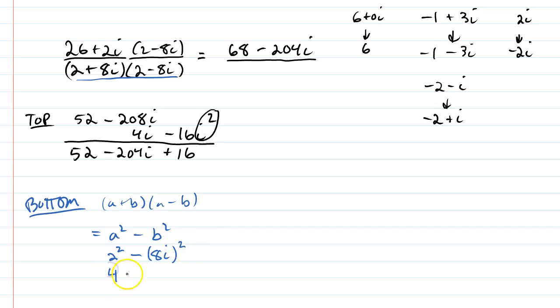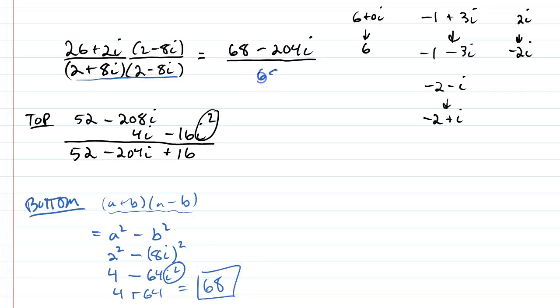So this would be 4 minus 64i squared. And remember that i squared makes it a plus, so it's going to be 4 plus 64. Final answer is going to be 68. Now, if you don't like using this trick here, then just expand it like normal and you'll get 68 still.